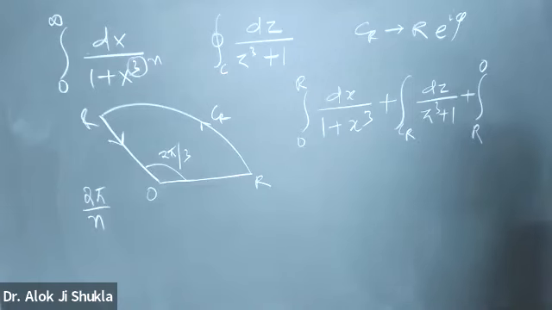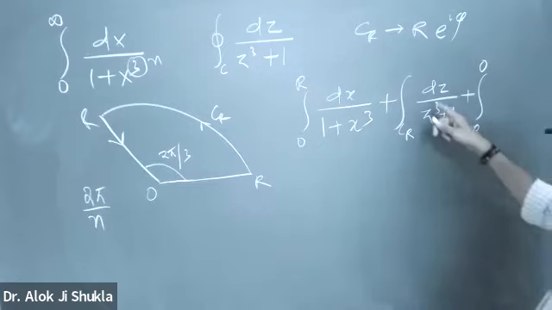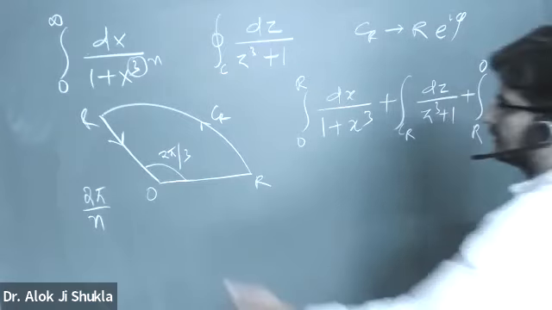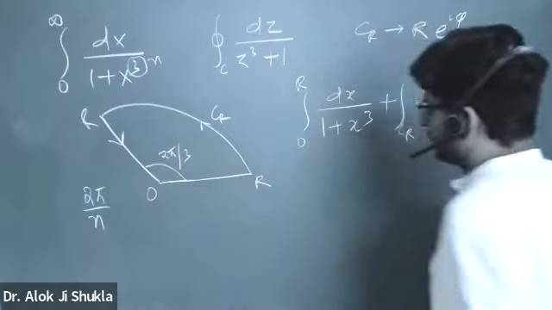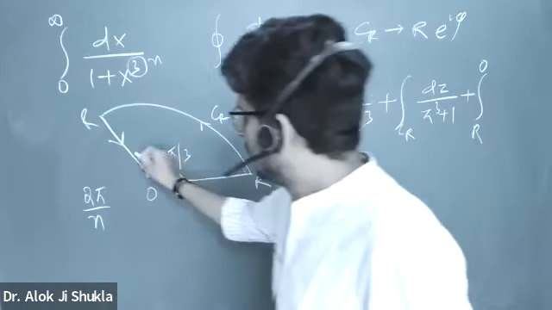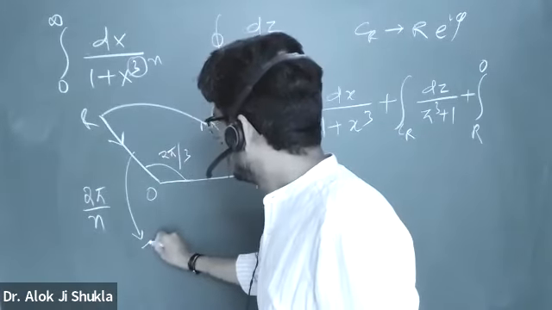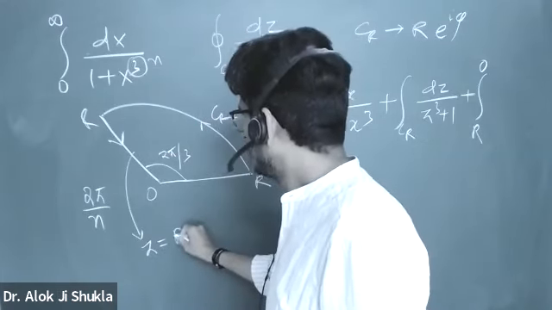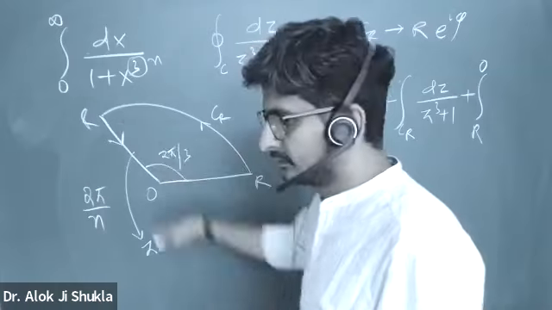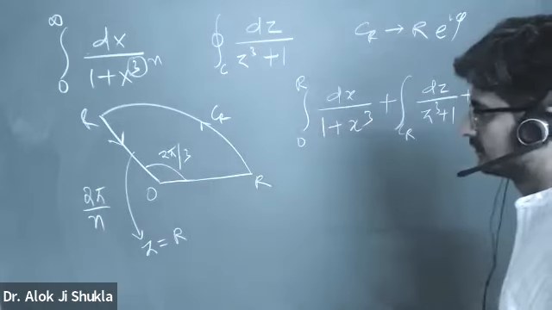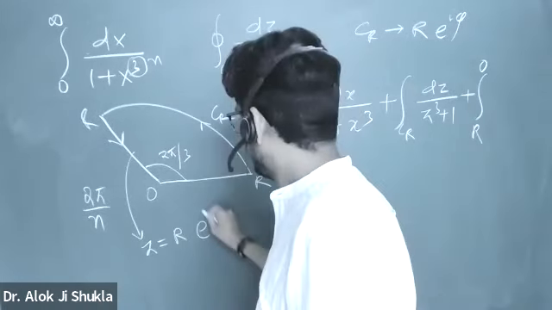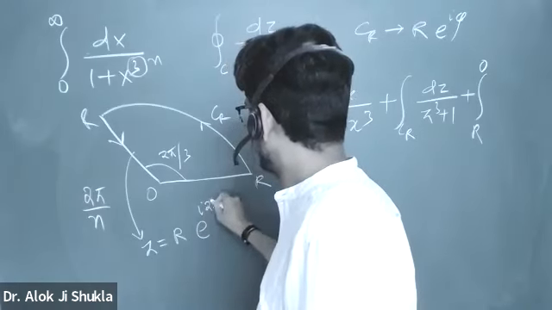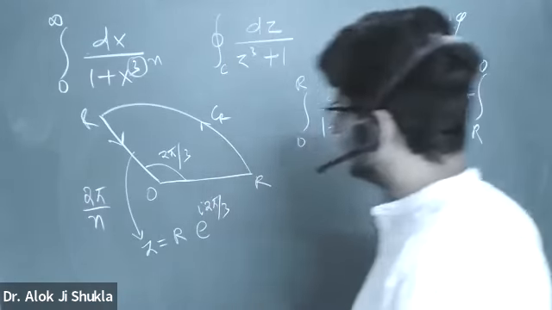And what is the equation of this line? z is equal to R e to the power i 2 pi by 3. e to the power i, and phi is fixed, 2 pi by 3.